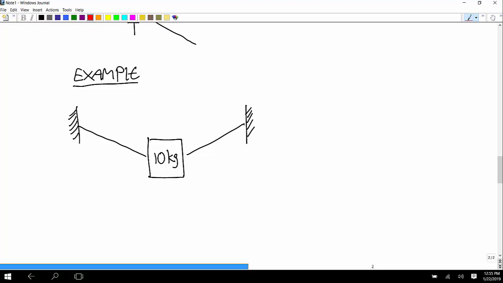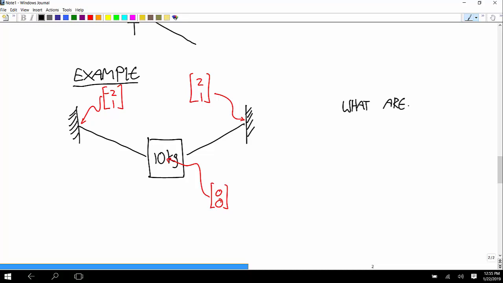Let's say that the center of mass of this mass is at the origin, and this cable connection is at the point -2, 1. All this is in meters. And this one is in the spot +2, 1. What are the cable tensions?